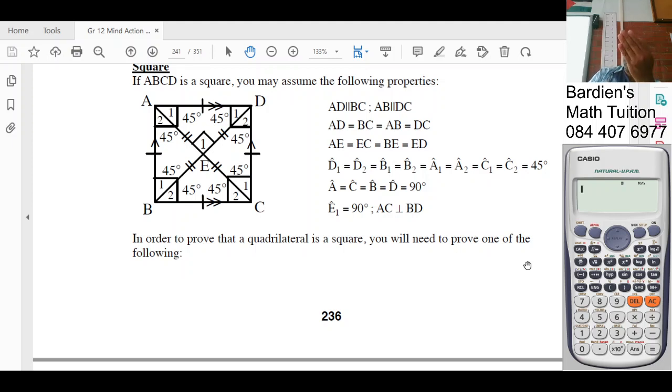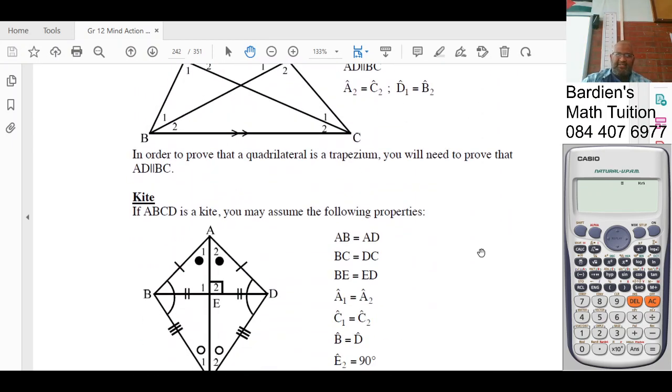Diagonals are equal. Diagonals bisect at 90 degrees. The diagonals bisect the vertex angles. And one more I'm missing. Did I say the vertex angles are 90? Okay. Right. So these are your 7 properties there. Trapezium, there's 1 property.